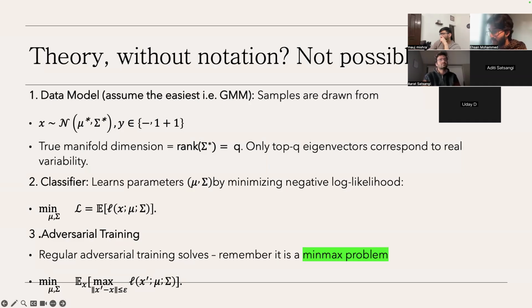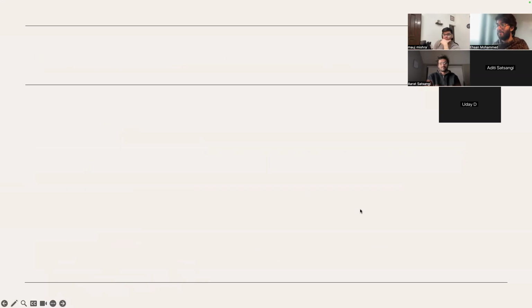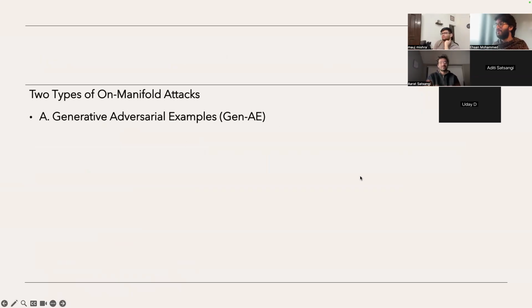So when the adversarial examples are created, the average of these maximum losses should be minimized. Does that make sense? I think it makes sense, right? Okay, I'm going to keep moving then.